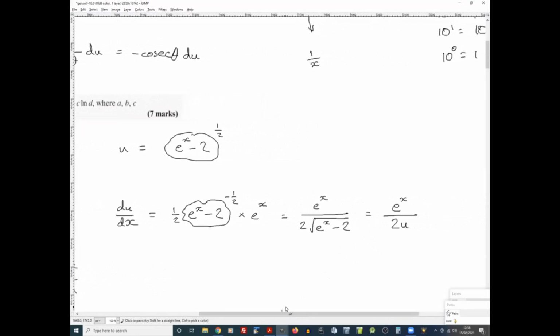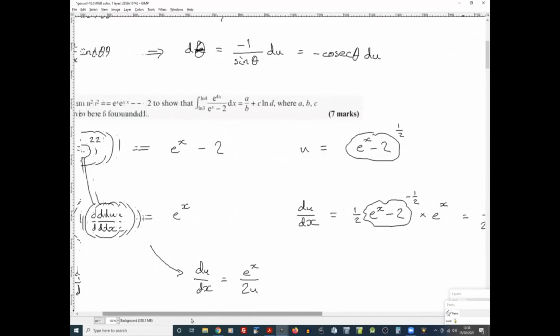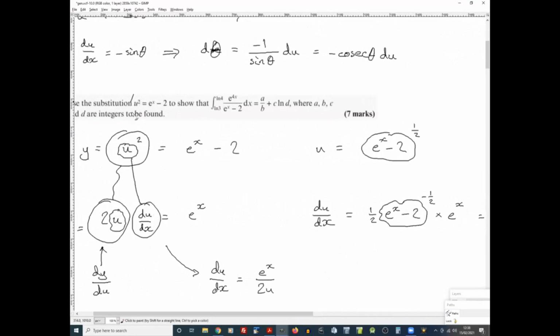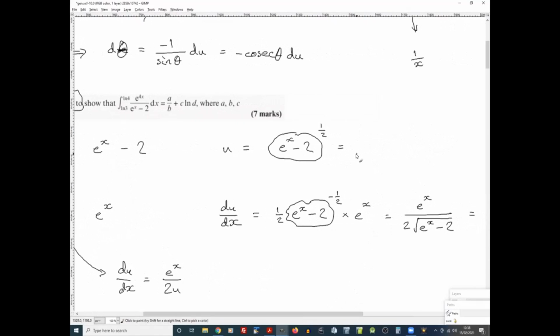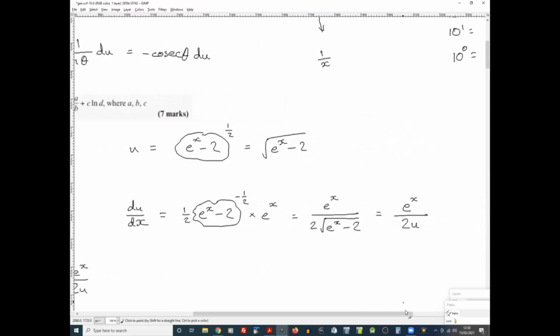Because you made u the subject of this, quite rightly, to get u equals this. I understand how you got e to the x over 2 root e to the x minus 2. From there, how have you got e to the x over 2u? Oh, 2u, because u is equal to that. Yeah, okay.